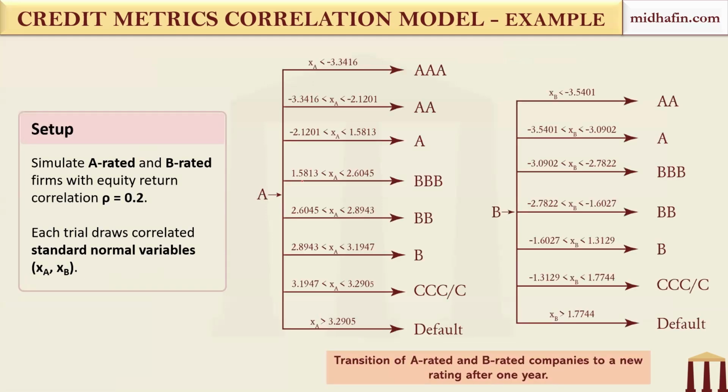So for an A-rated firm to AAA, the chance is 0.03% or 0.0003. Now, if you take N inverse of this 0.0003, you'll actually get negative 3.3416.